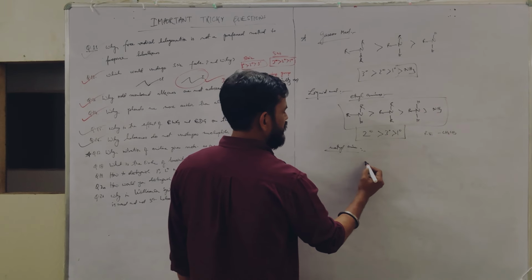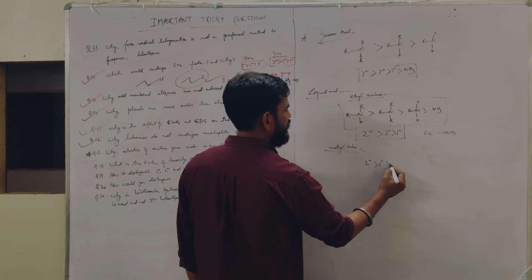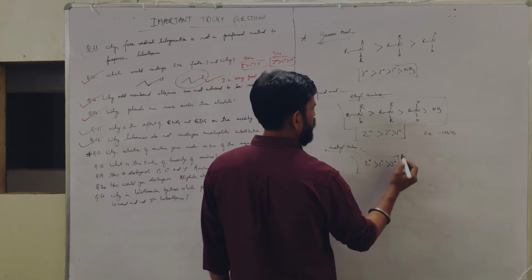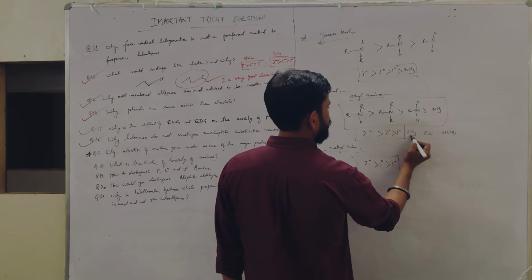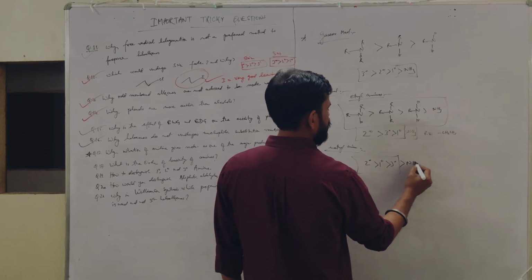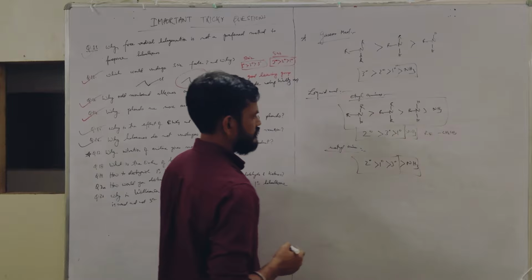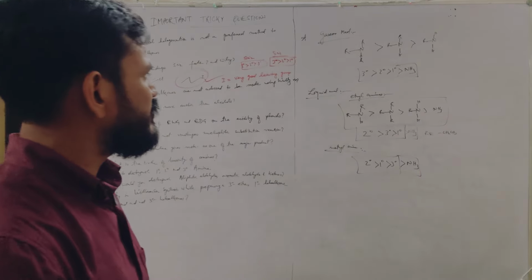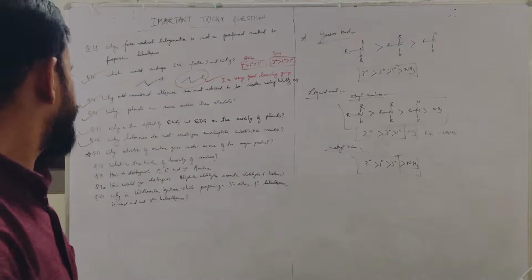For methylamine it will be 2-degree, 1-degree, 3-degree, and then ammonia. This is one of the very important questions.